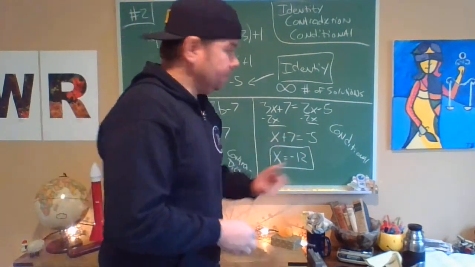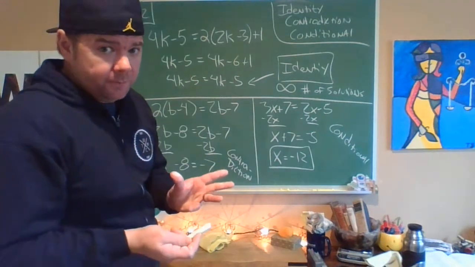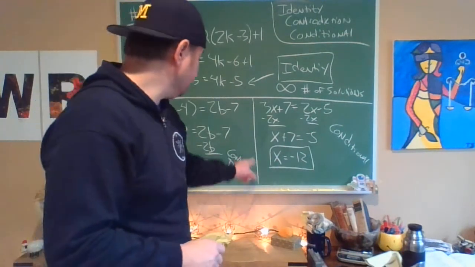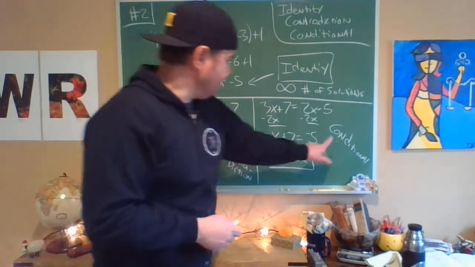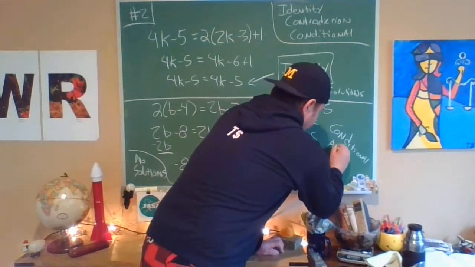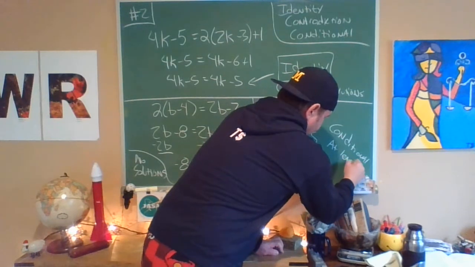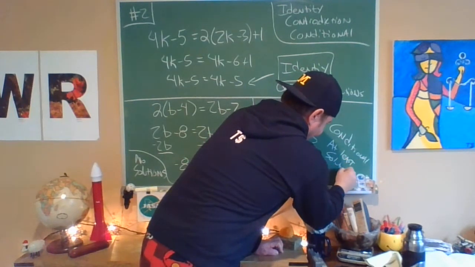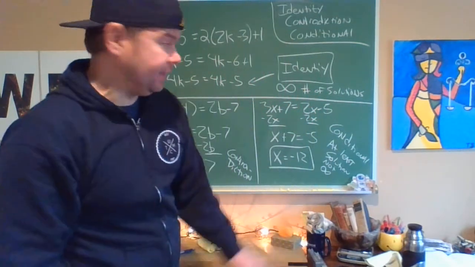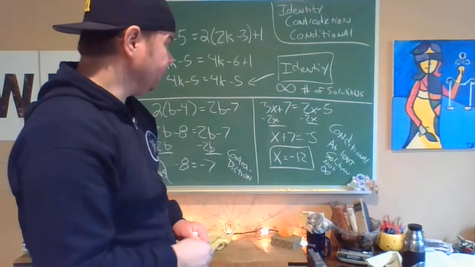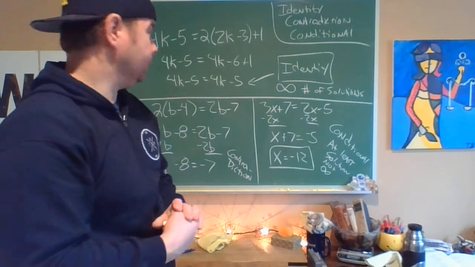As long as the number of solutions isn't infinite, and it's more than 0, so it has at least one solution, then what you're dealing with is what we call a conditional equation.